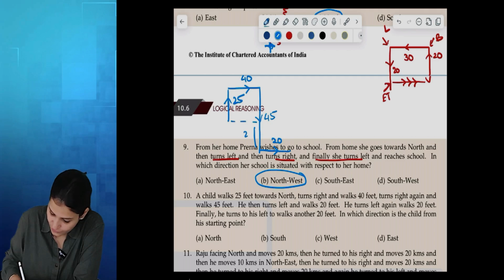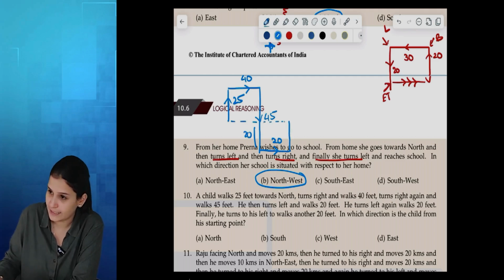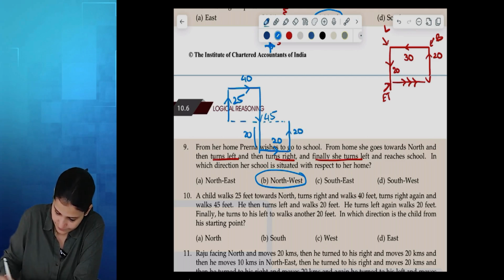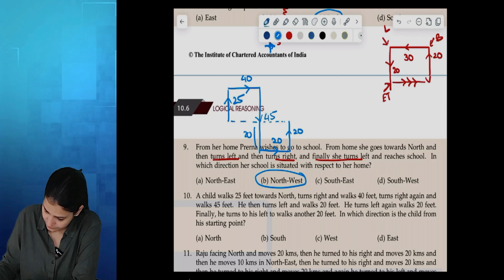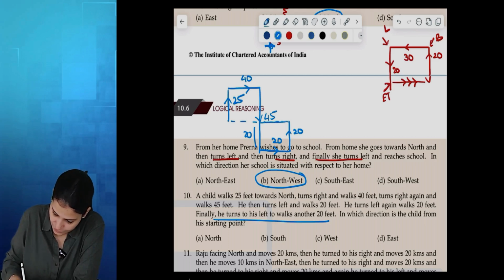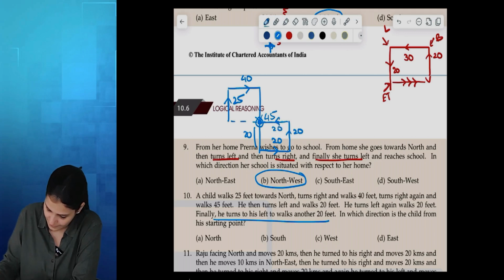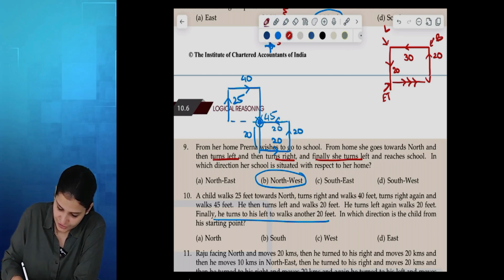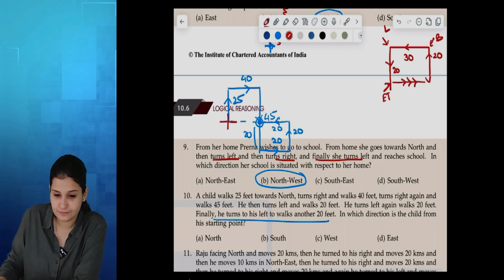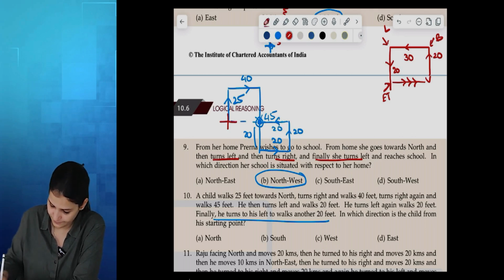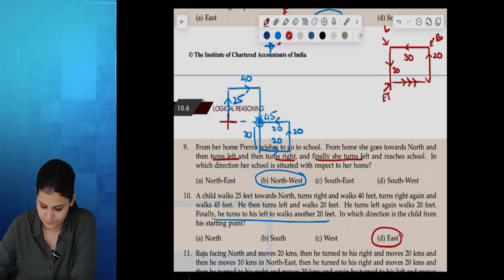So this length is already 20. So if he goes back 20, he coincides with the starting point. Finally, he turns to his left to walk another 20. So he's standing at this location. In which direction is the child from the starting point? East.